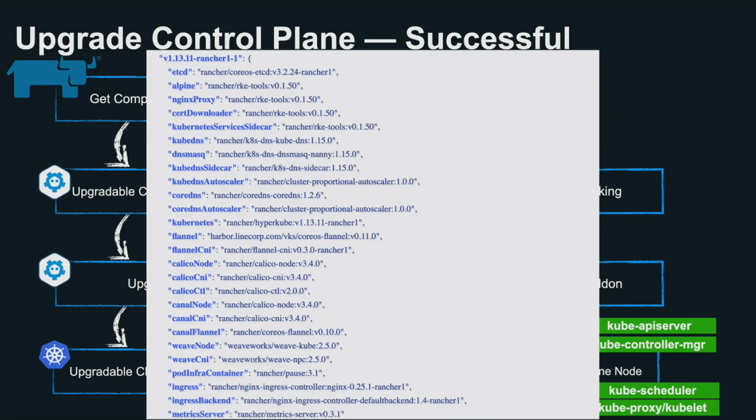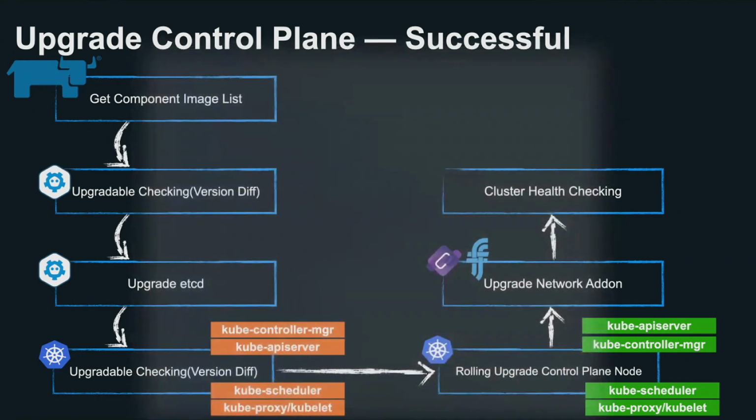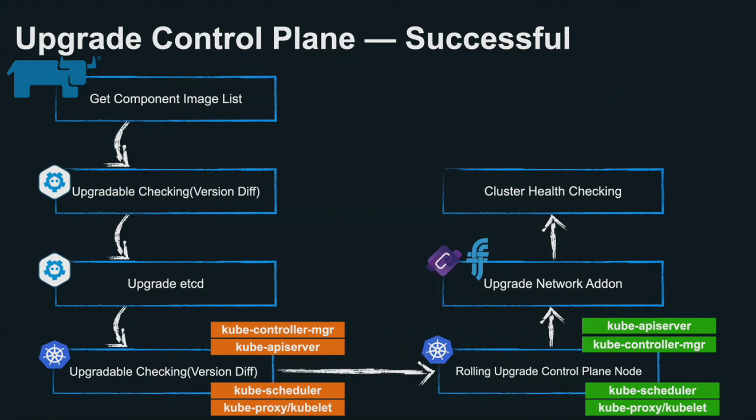Then it will check if etcd needs to be upgraded by diffing the expected image version of etcd and the current version. If it needs to, it does a rolling upgrade on the etcd side. After that, it will do the rolling upgrade on the Kubernetes system components and control plane software on the control plane nodes. Finally, it will run the cluster health checking, as I mentioned in the pre-upgrade phase, to ensure the cluster is still healthy after the control plane is upgraded.